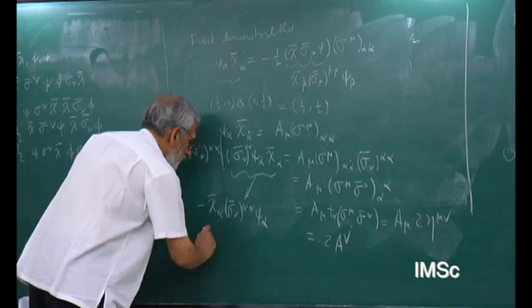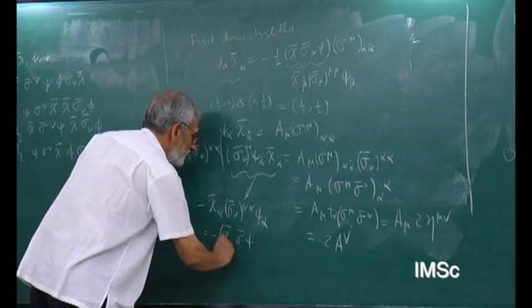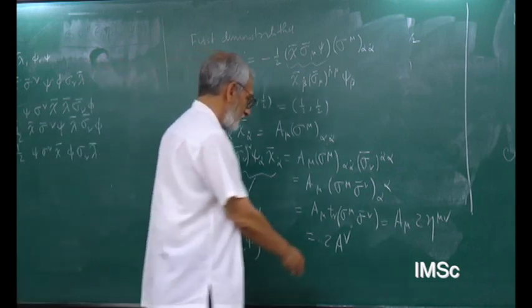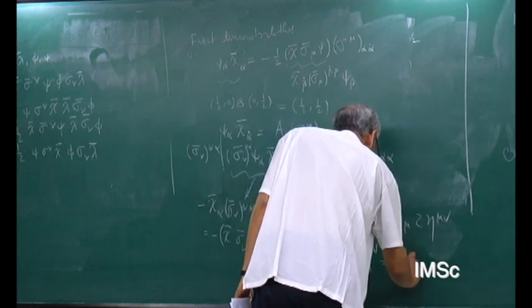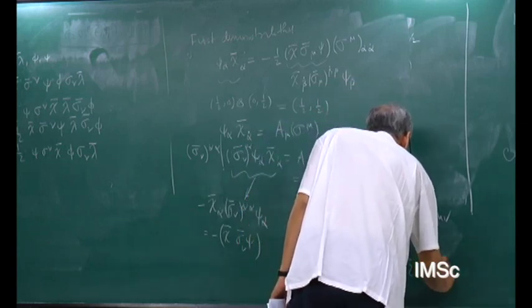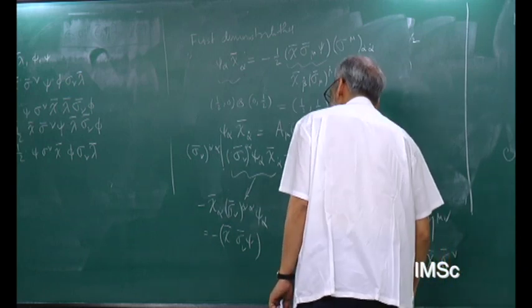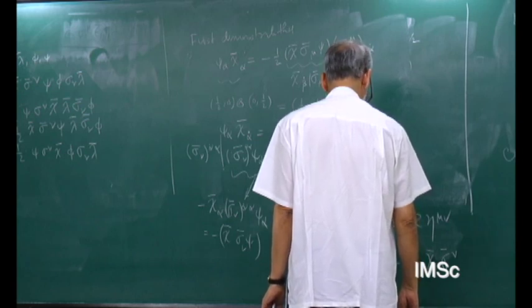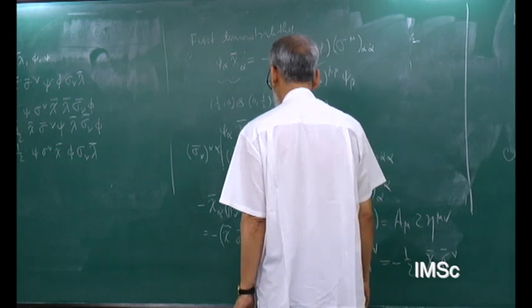But this object is nothing but minus chi bar sigma. So that tells you here A nu is minus half chi bar sigma bar nu psi. Something, the nu up and down has gone.